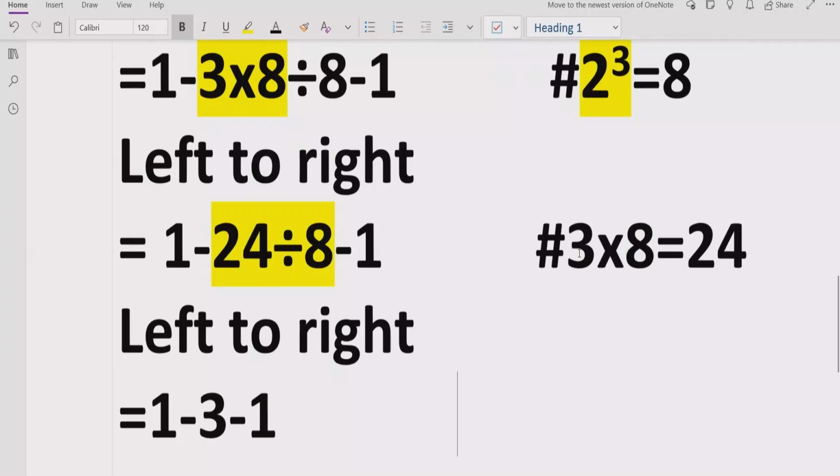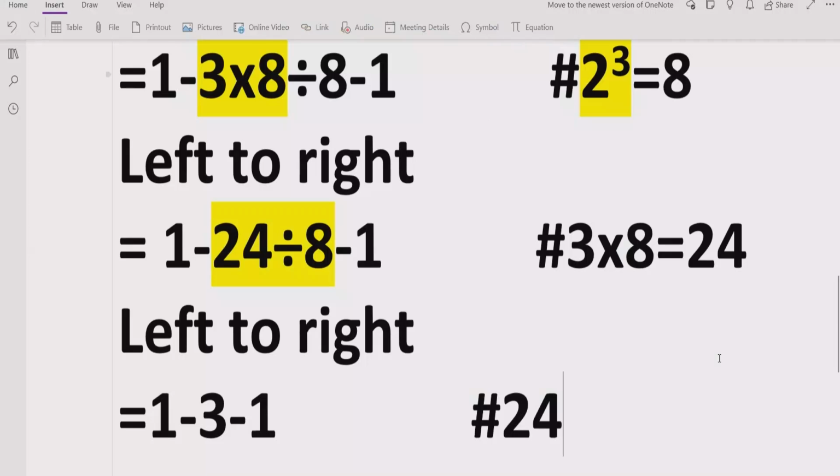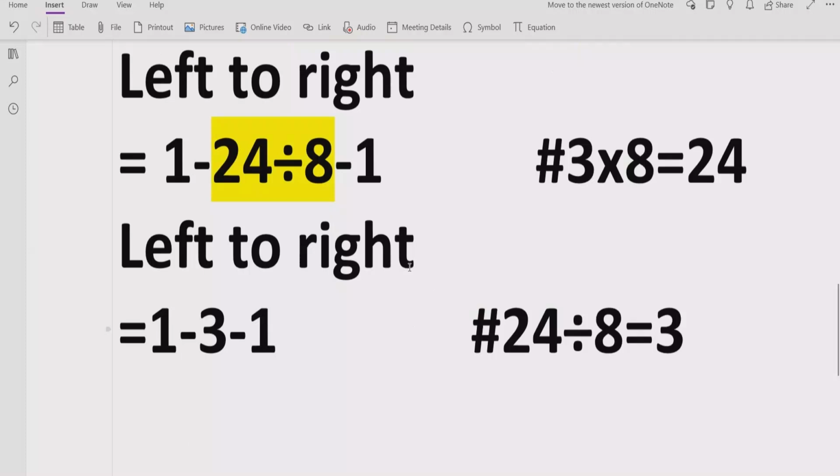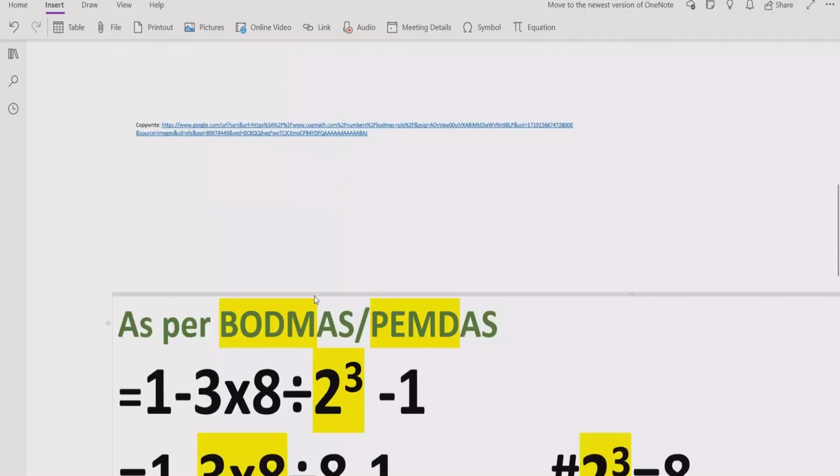And here we have to give the reference: 24 divided by 8 equals 3.